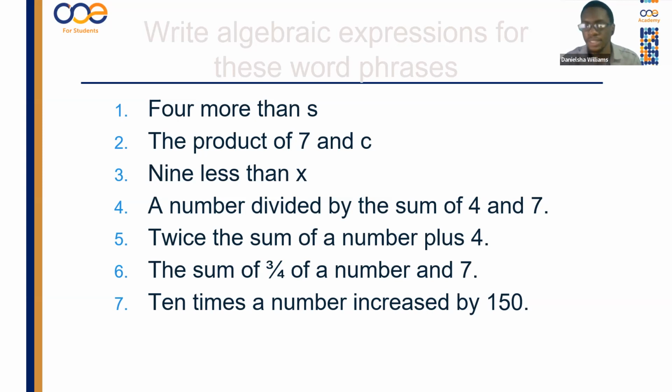Sir, can we write anything for a number? Yes, when you have the word "a number," you can put anything there, as long as it's a letter. It serves the same purpose and represents a number because it's a variable.